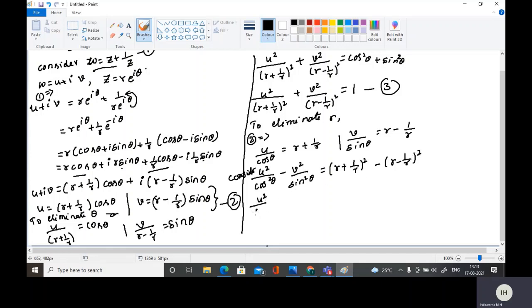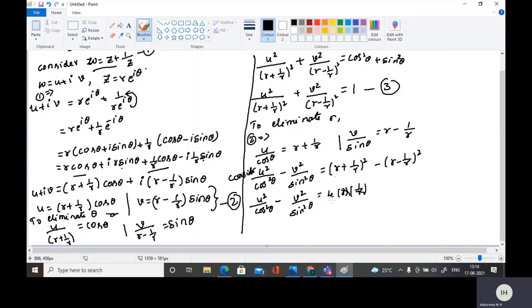RHS is like (a plus b) whole square minus (a minus b) whole square. What is that? That is 4 times ab: 2ab plus 2ab is 4ab. A is r and b is 1 by r, cancelled, we got 4.